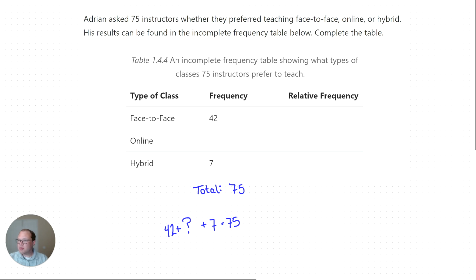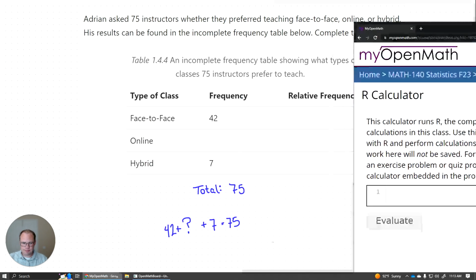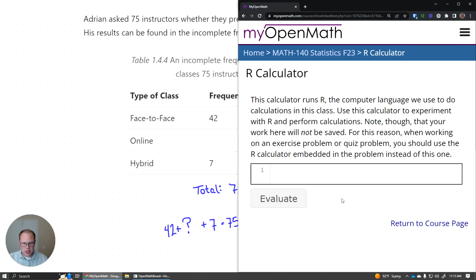Okay? So I'm going to pull over the calculator. And I'm just going to take 75 and I'm going to subtract the two values we know, 42 and 7. If I take out those, what's left should be that missing category. It should be how many instructors prefer online classes.